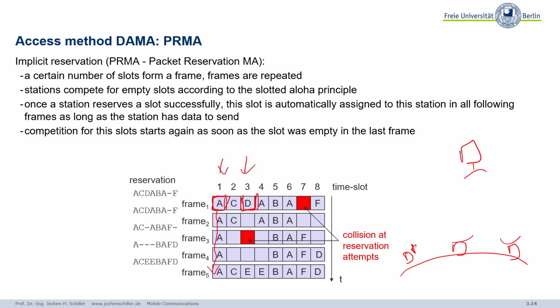Okay, so now it's important to have a look at this reservation list. The reservation list is sent from the satellite to all the ground stations on the downlink. That's the way the satellite synchronizes all those ground stations.